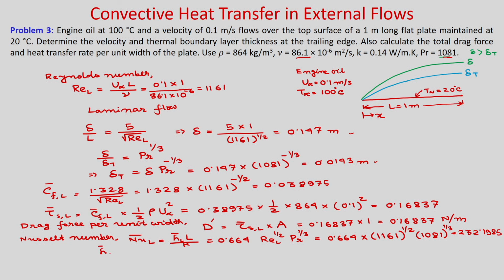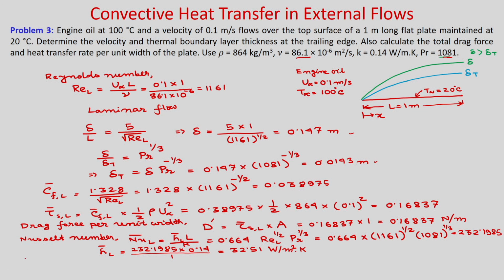So, the heat transfer coefficient you will be able to calculate as 232.1985 into thermal conductivity 0.14 divided by L, L is 1. Okay. So, this will give us 32.51 watt per meter square Kelvin.